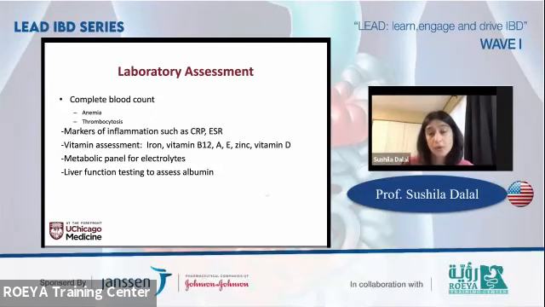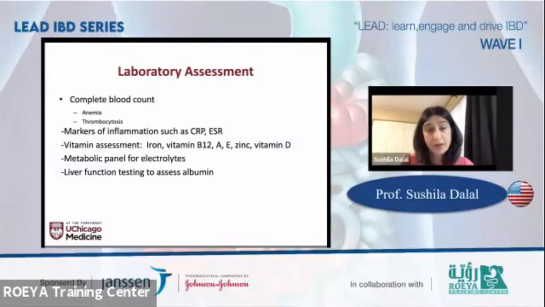However, when we're going through diagnosis of Crohn's disease, it's helpful to know if someone does have an elevated CRP when they have inflammation, because if they do, this is something that we can follow as we treat them, and we can see that the CRP normalizes as we start treatment. We want to think about vitamin levels.